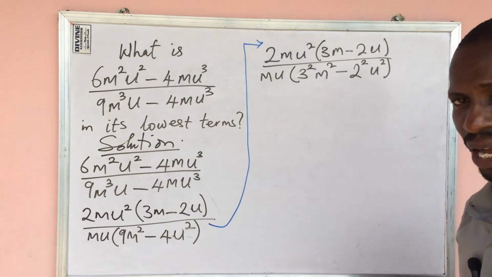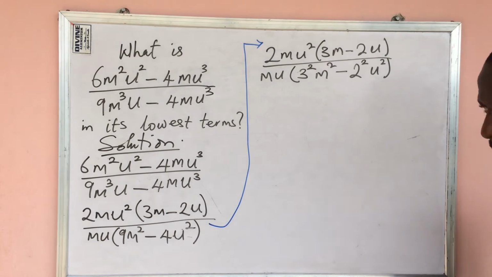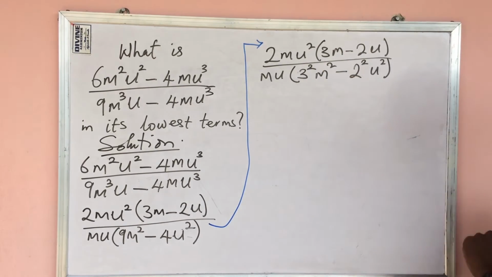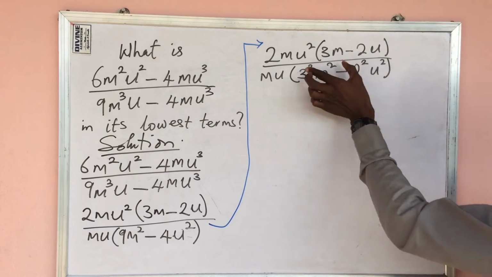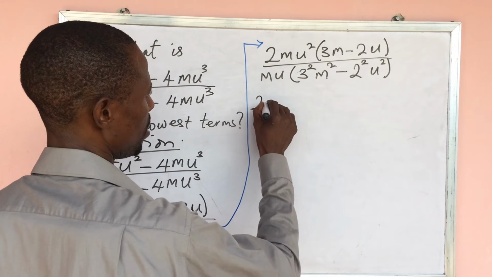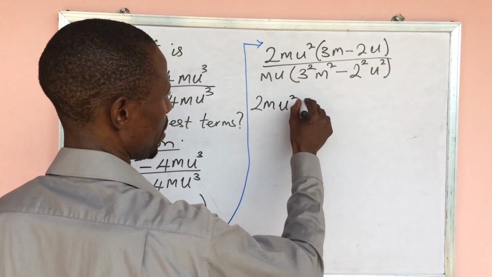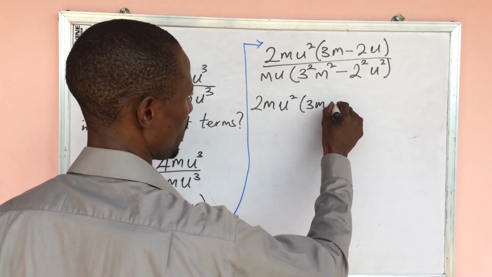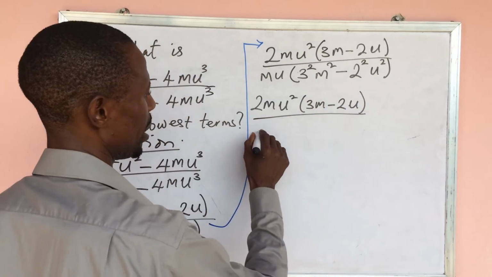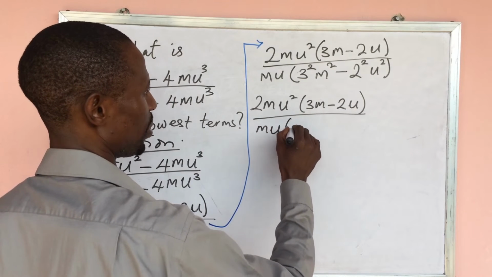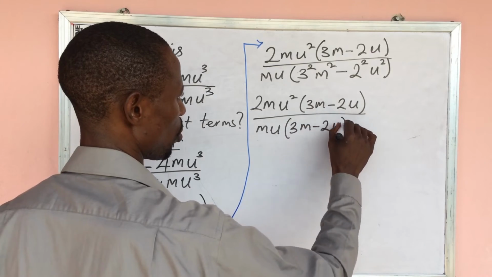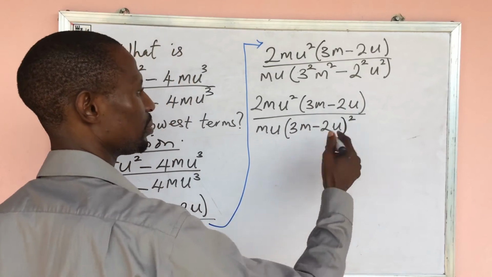All right. Now that we have this, just take a look at this again. Here is square. All the terms here, they are all carrying square. So we can bring out these terms to give us 2mu squared, bracket 3m minus 2u, close bracket, all over mu, bracket 3m minus 2u, all squared.